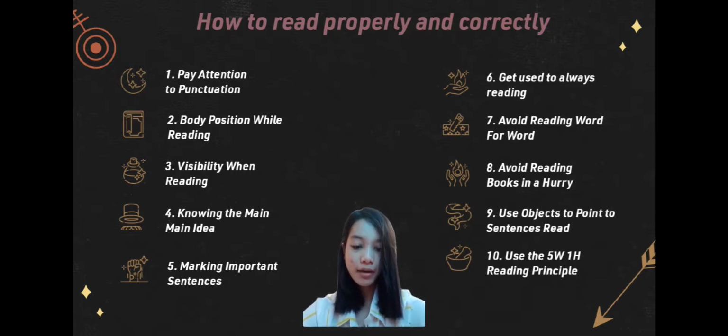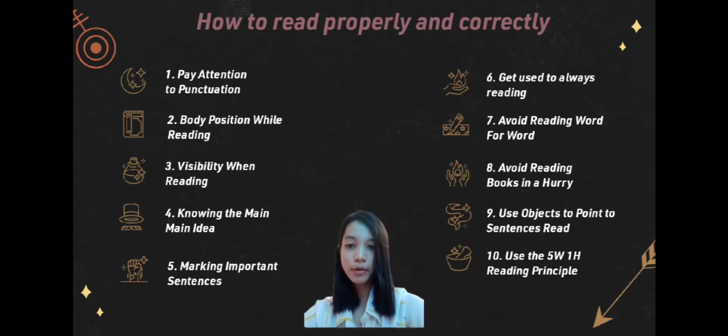Usually, the main point of each paragraph is at the beginning and at the end. After you find the main point, then mark it using a highlighter or underline the important sentence.